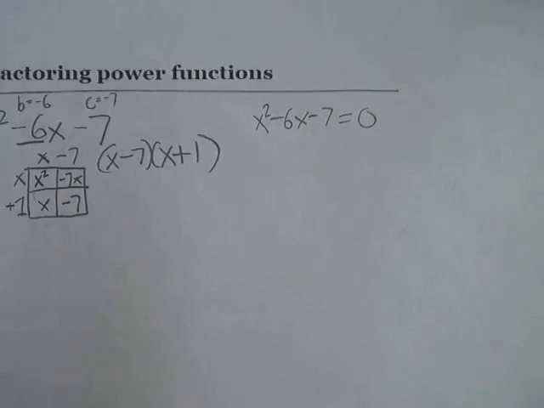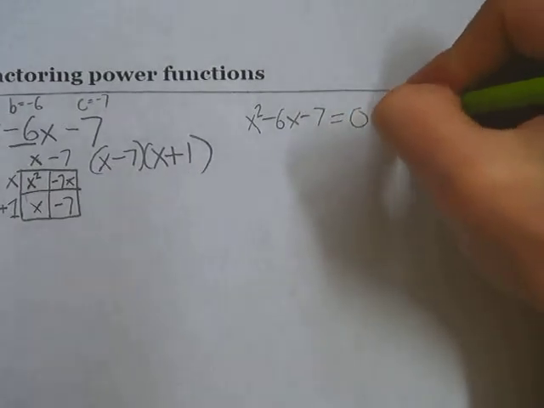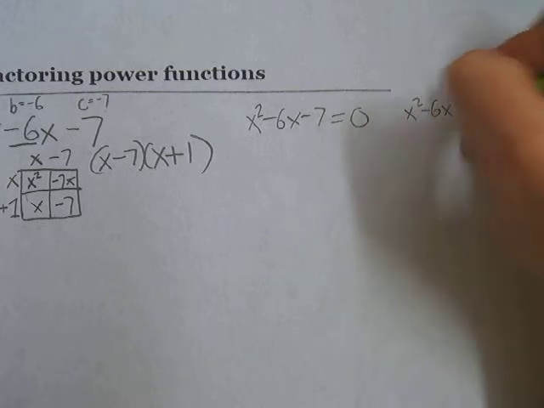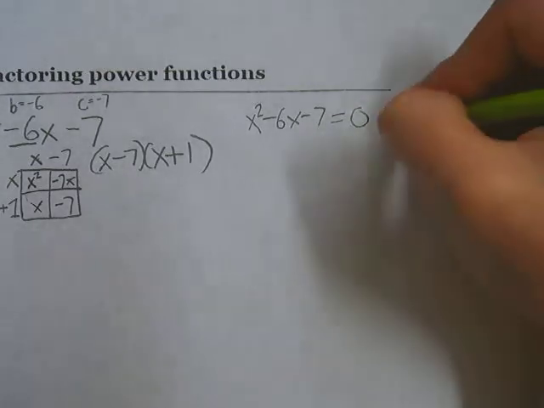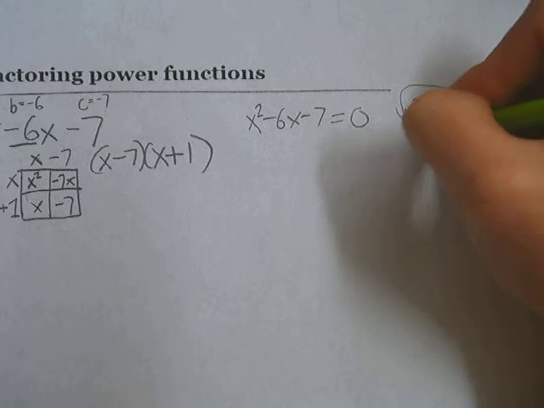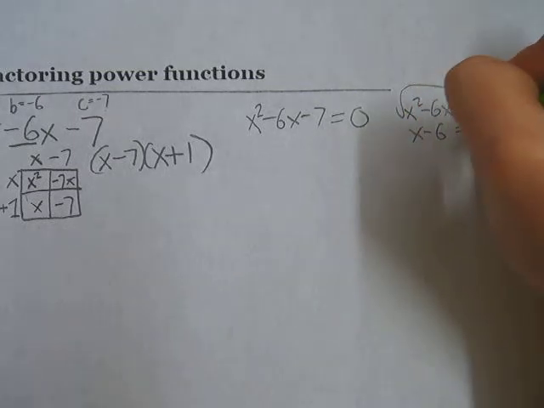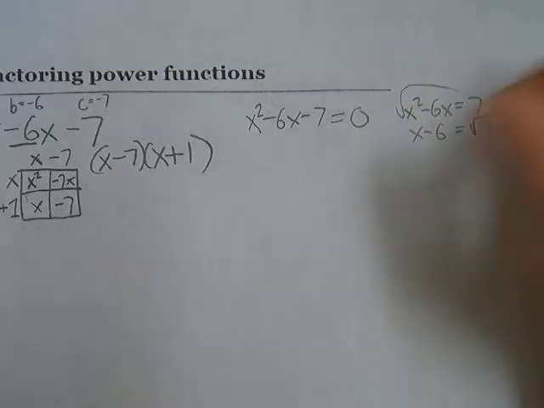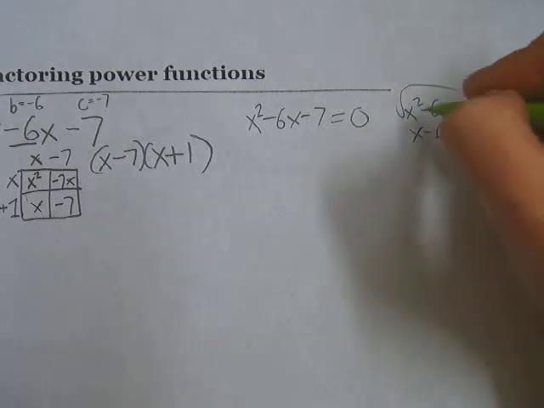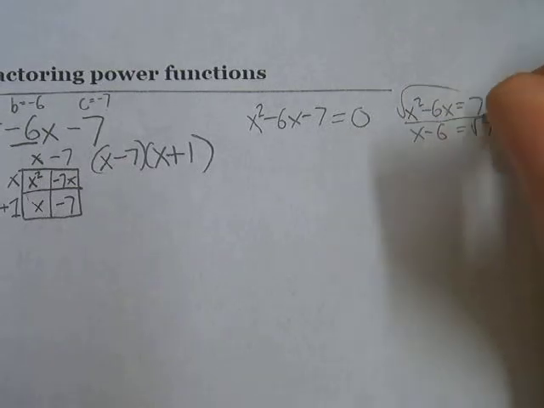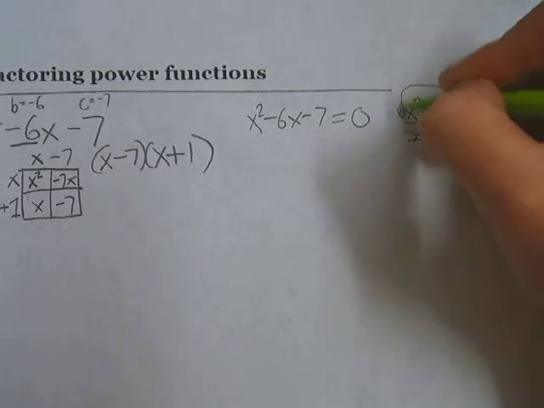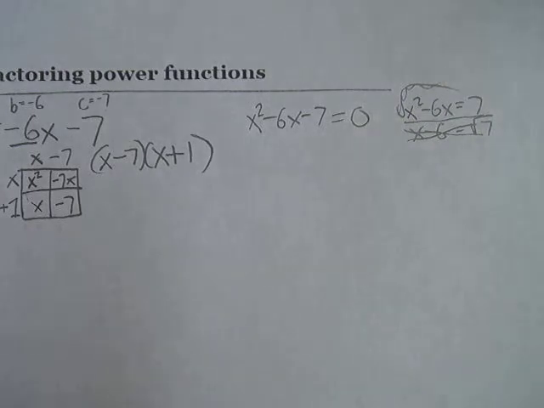The way a lot of people solve this problem is they say, oh, x squared minus 6x equals 7, and then they square root both sides: x minus 6 equals √7. This is demon math. This is really bad. Don't do that. So when you're in this case, always try to factor.